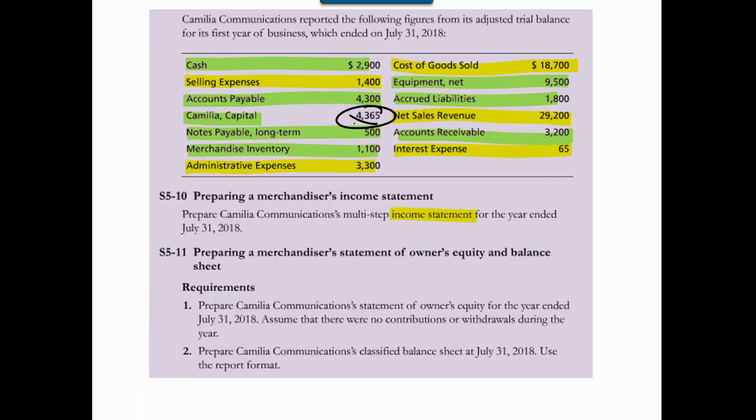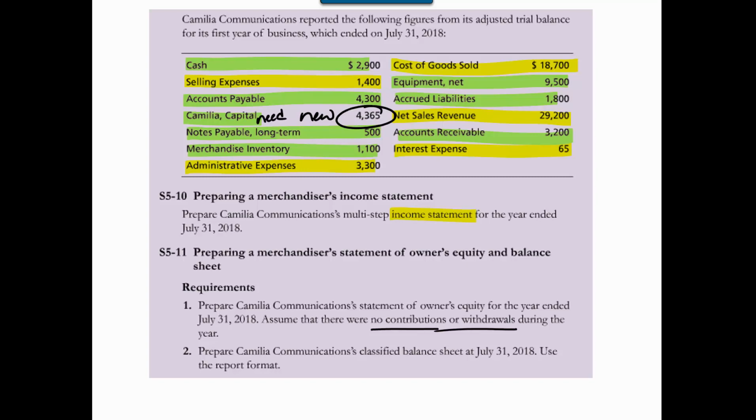We need the new one that we'll calculate on the statement of owner's equity after we give them that net income. And again, here it says that there are no contributions or withdrawals. So it's just going to be the existing capital number. I shouldn't erase that. We need that.